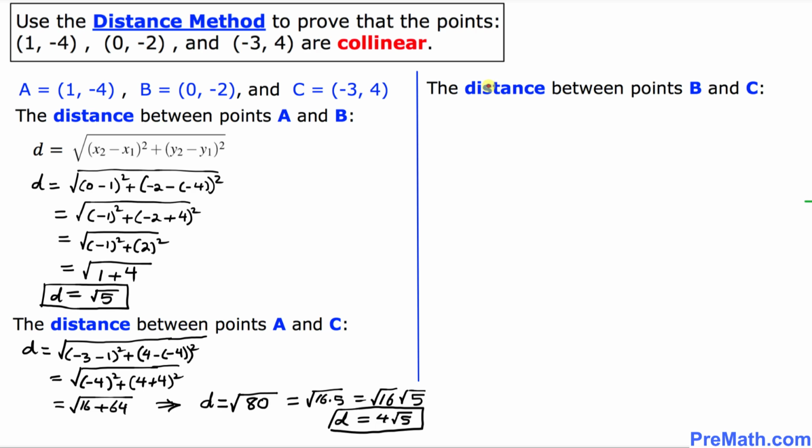And finally we are going to calculate the distance between the points B and C. Let me call point B x1, y1, and point C x2, y2, and we're going to be using the same distance formula. So d is going to be, I'm going to write down x2, in our case, is negative 3 minus x1 which is 0, squared, plus y2, in our case, is 4 minus y1 which is negative 2, and then squared.